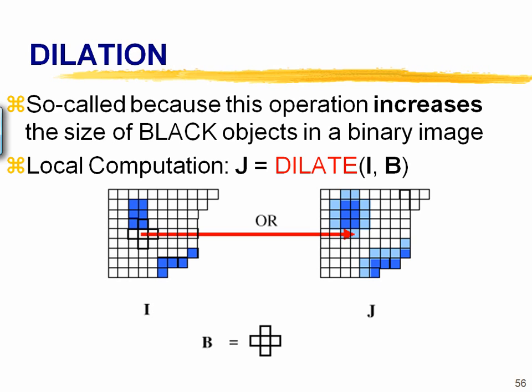I would be able to increase the size of my object to what's in the light blue region, and you would see the same increase over here, and this would be the structuring element that I'm working with. Okay, it's a simple 3 cross. Make sense? So what you would have done is basically increase the size of the regions that are present.